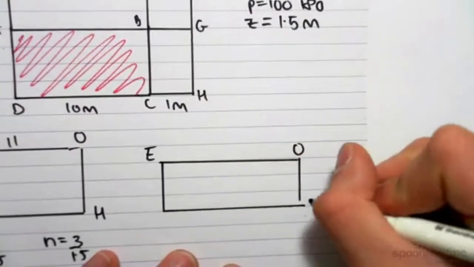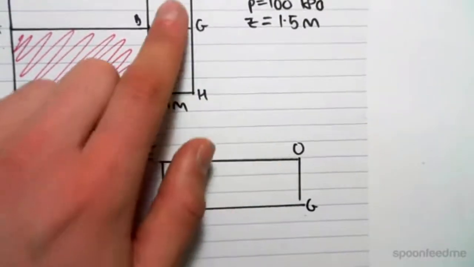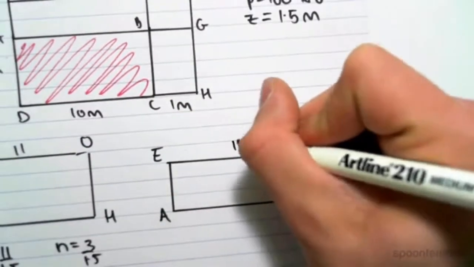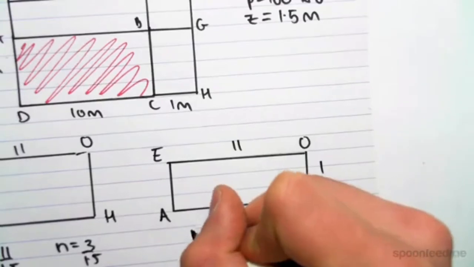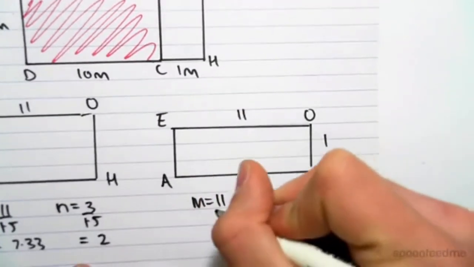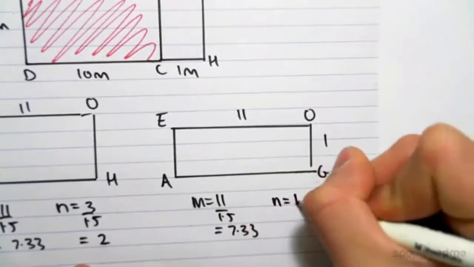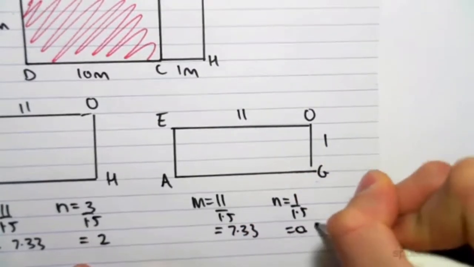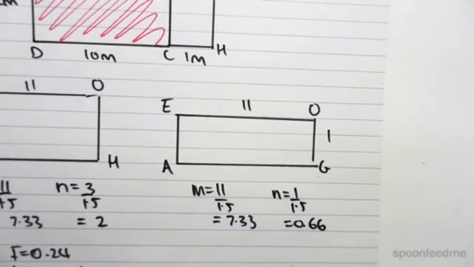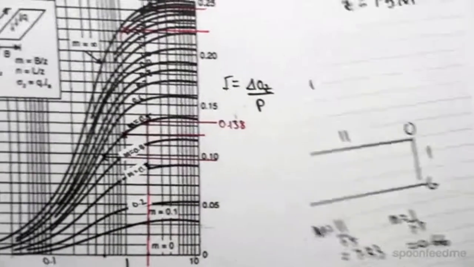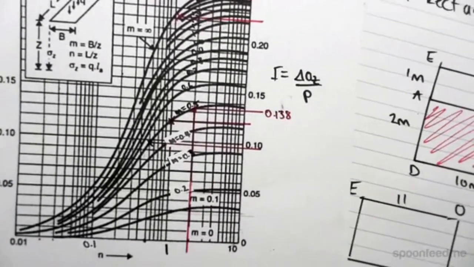EOGA. Once again, you notice that one of my corners is at O, which is important. So this is 11 by 1. M will equal 11 over 1.5, which is 7.33, and N will equal 1 over 1.5, which is 0.66. If we come to our curve, we have an N of 0.66 and an M of 7.33.